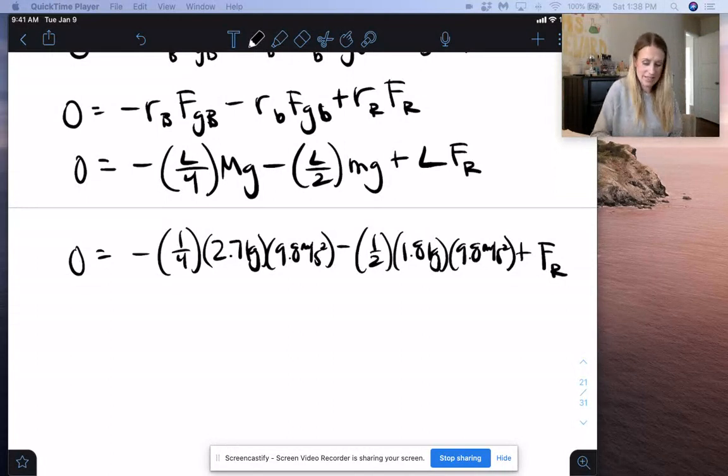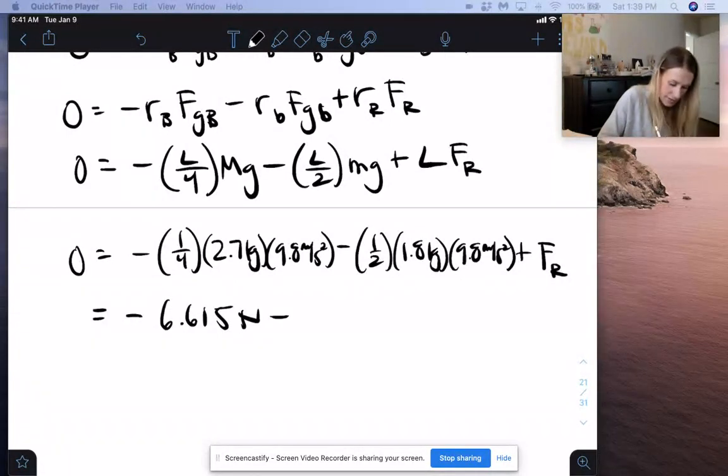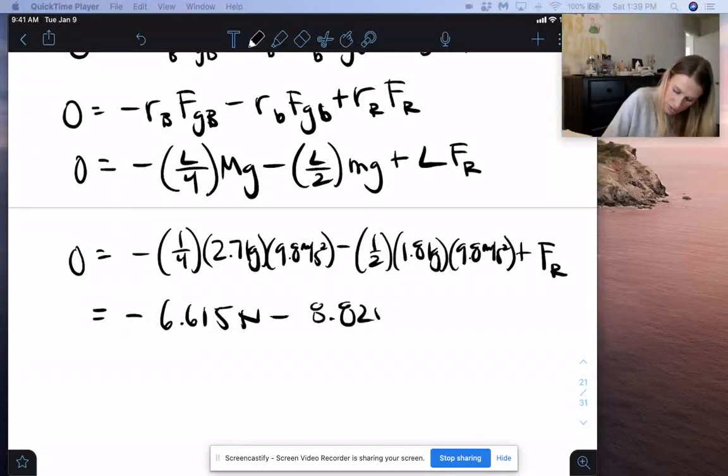So now we get 1/4 times 2.7 times 9.8, and we get a negative 6.615 newtons, minus 0.5 times 1.8 times 9.8, we get 8.82 newtons, plus F_R.